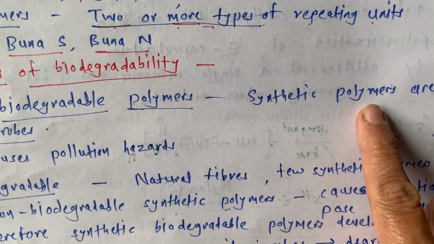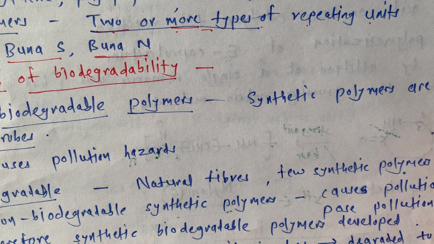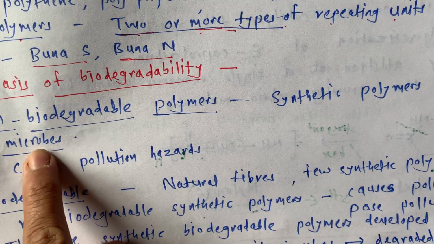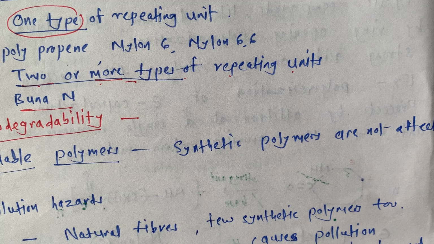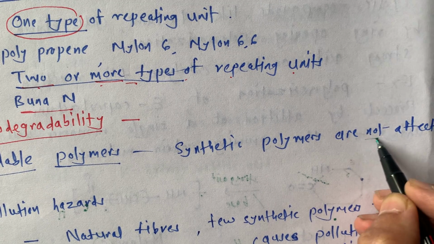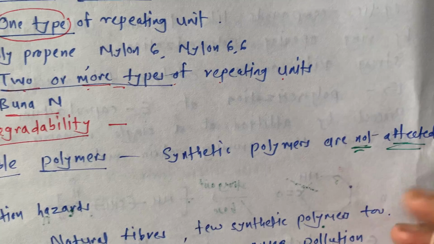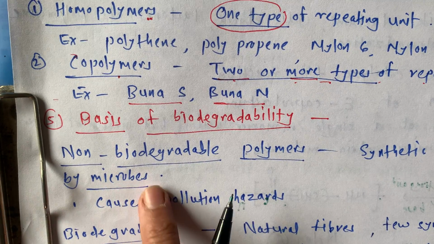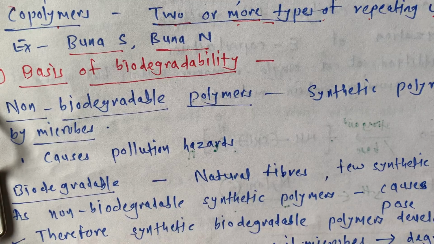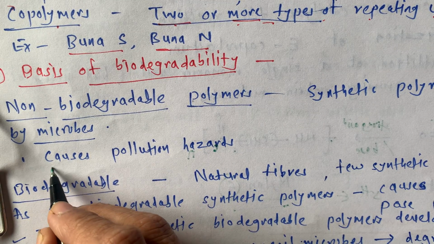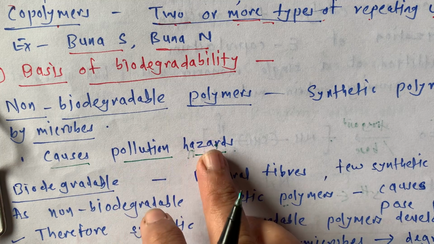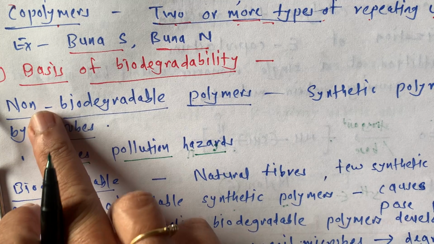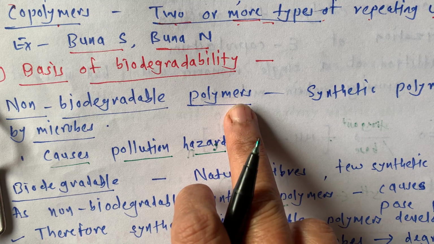The synthetic polymers which are not affected by microbes, this is important, not affected by microbes, and which cause pollution hazards are known as non-biodegradable polymers.